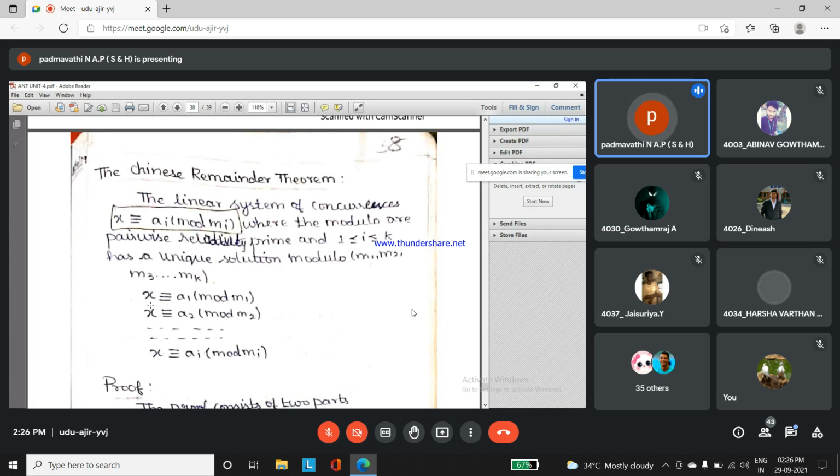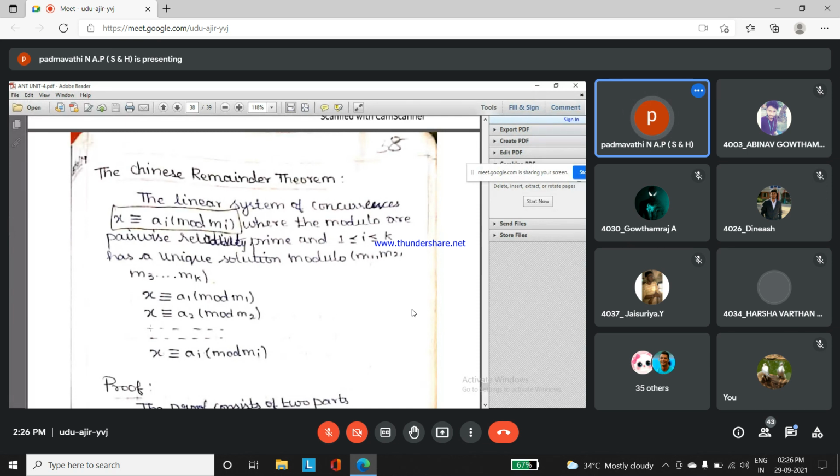Now see the congruences. x is the variable. x is congruent to a1 mod m1. The LHS is also x: x is congruent to a2 mod m2.